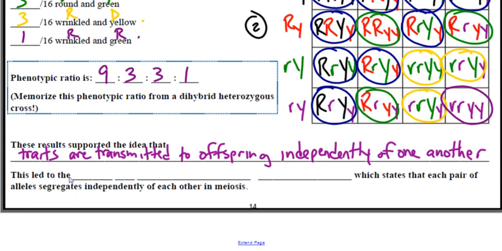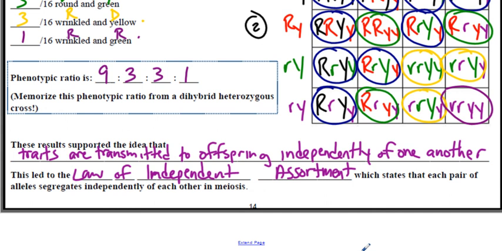And this led to the law of independent assortment. Each gene is not tied to another one in this case.